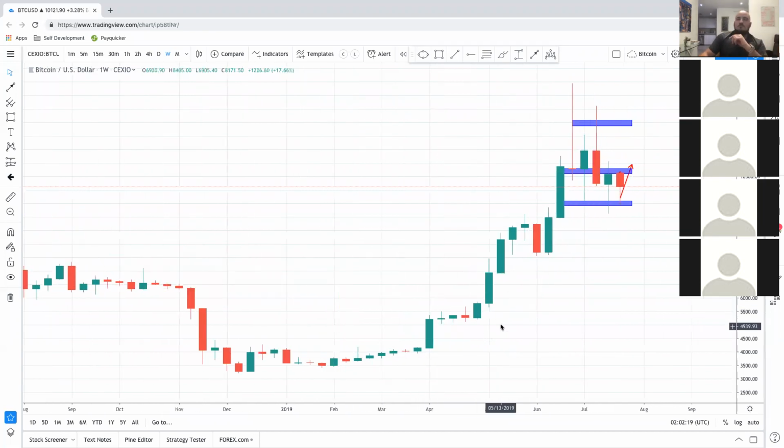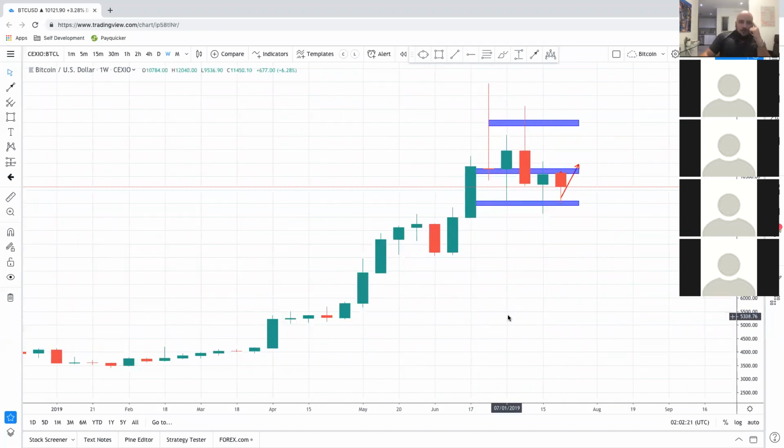Now check this out. You need to know in the back of your mind, Bitcoin is bullish overall. So you don't want to bet on Bitcoin dropping anytime soon on the bigger time frame. It could, but according to the trend right now, it's on its way up.